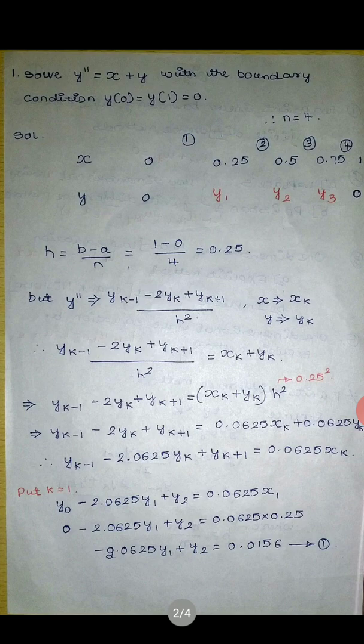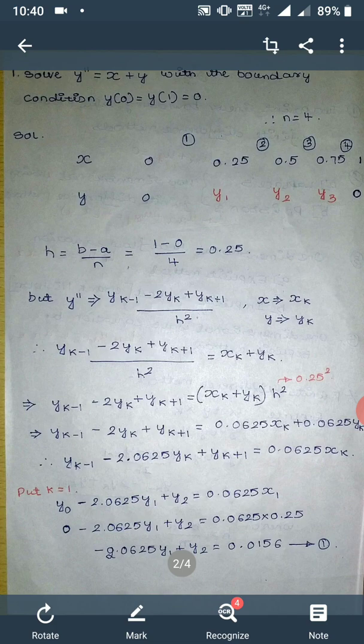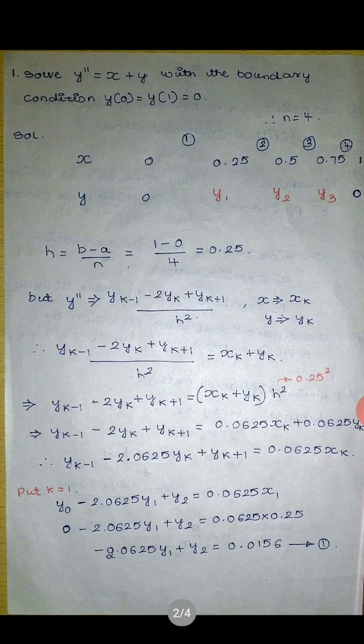Say if we take the equation y double dash is equal to x plus y, we are supposed to replace y double dash by yk minus 1 minus 2yk plus yk plus 1 by h square, where x has to be replaced by xk and y has to be replaced by yk. So let's substitute the above equations. So we get yk minus 1 minus 2yk plus yk plus 1 by h square is equal to xk plus yk.